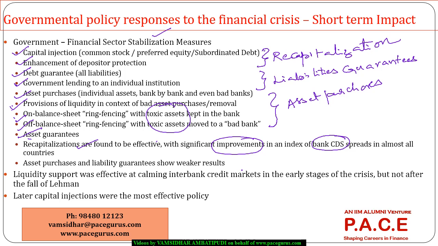So I could see that the recapitalizations were slightly more effective, but neither the asset purchases nor the liability guarantees have shown any kind of good results, which is a clear indicator that these various activities and measures the government has taken have not yielded any kind of short-term impacts to the financial crisis.